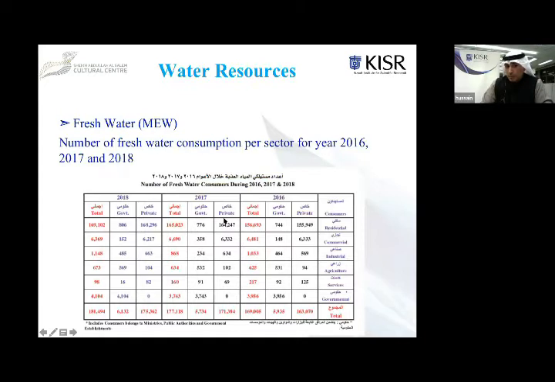This is another table showing the major consumption of the water. You can see that between 2016, 2017, and 2018, the major consumers are the residential and private sector, the commercial sector, and the industrial sector, which is something that we cannot neglect.